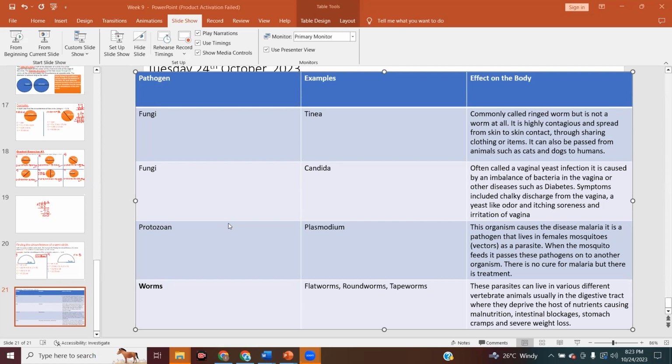Santos. Where's Santos? Yes, sir. What is the name of the vector that carries or spreads malaria?